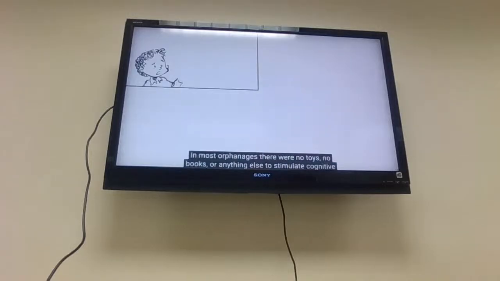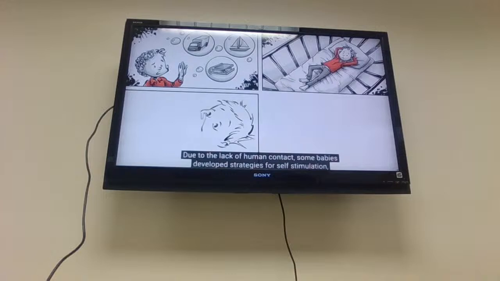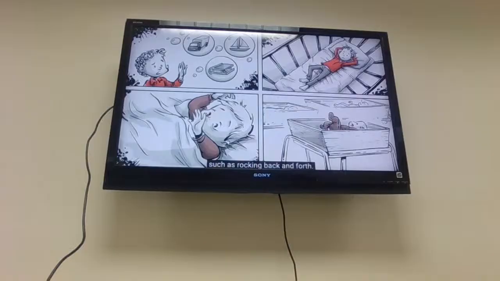In most orphanages, there were no toys, no books, or anything else to stimulate cognitive development. Many kids just stared at the bare ceilings, waiting for their next meal. Due to the lack of human contact, some babies develop strategies for self-stimulation, such as rocking back and forth.